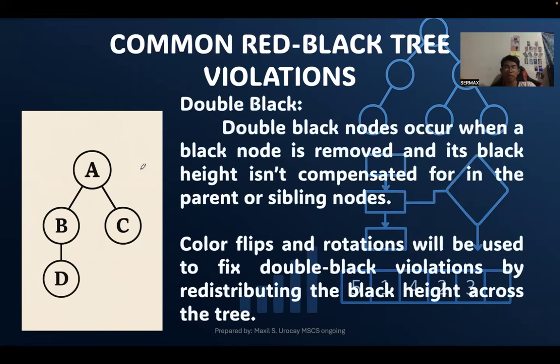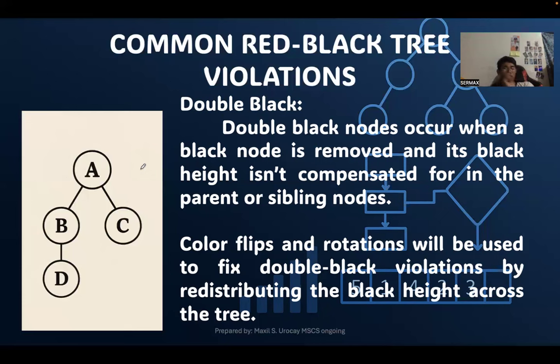For double black, this actually occurs when we are removing. For example, if we remove a red one, it will experience more red, or if you begin to remove black nodes, it will become less red.